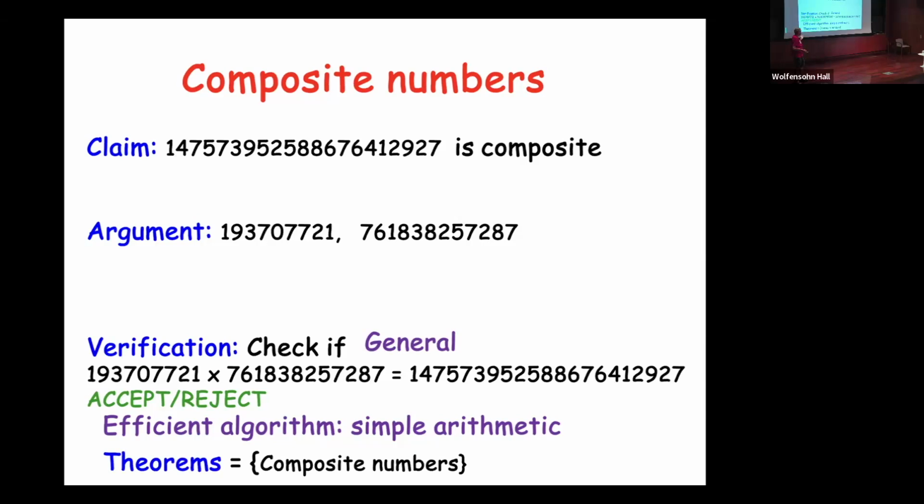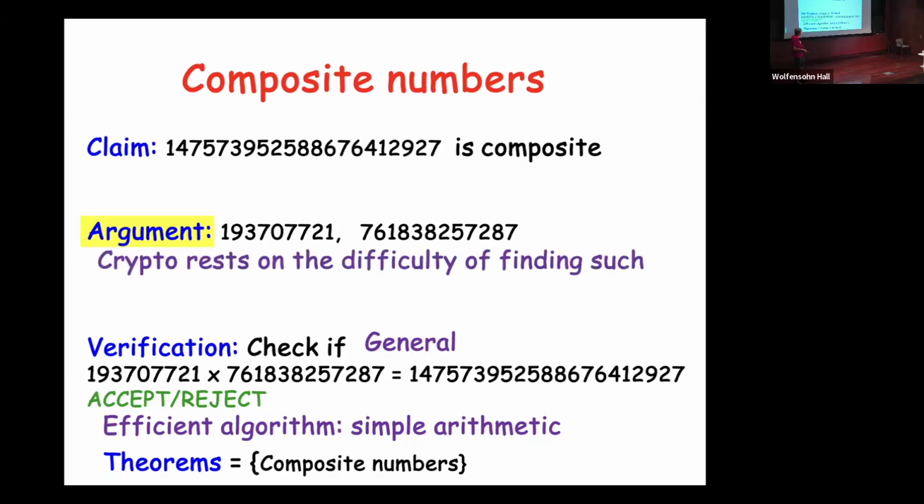Okay, that's one proof system. I want to stress that we don't care about how complex it is to figure out the argument, how hard the prover has to work or how clever. We don't care about this. In fact, in this particular case, cryptography, or in fact, all of us, assume that this is a hard task.